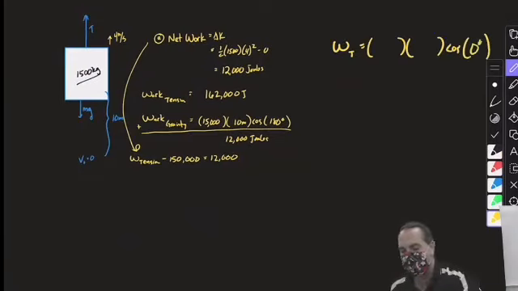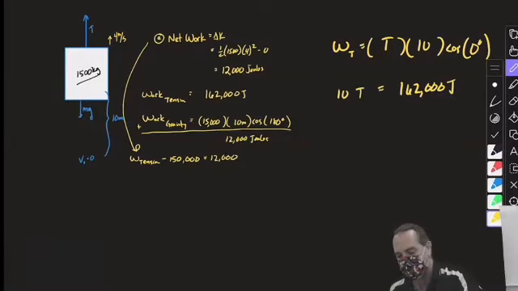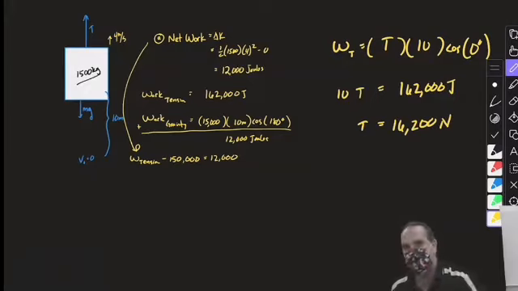This is 0 degrees because it acted upwards. This is 10 meters. And I don't know what the tension was. But I know that this all had to equal 162,000 joules. So 10T equals 162,000 joules, or T equals 16,200 newtons.